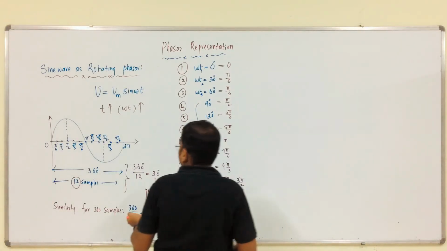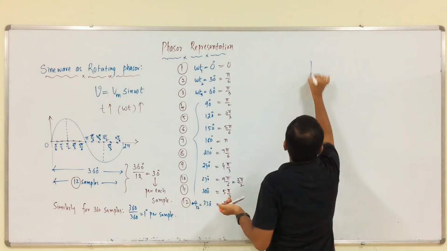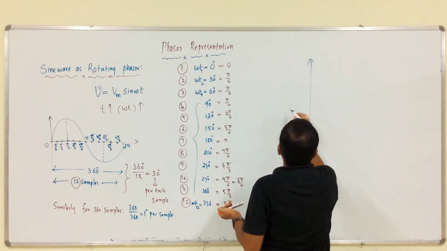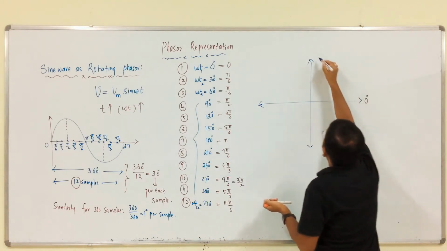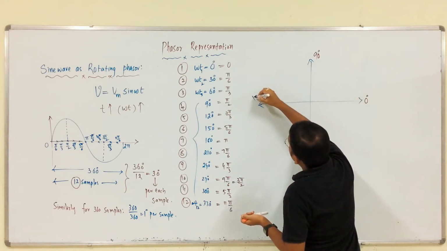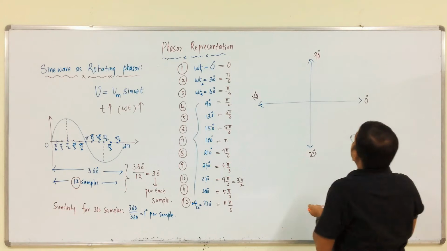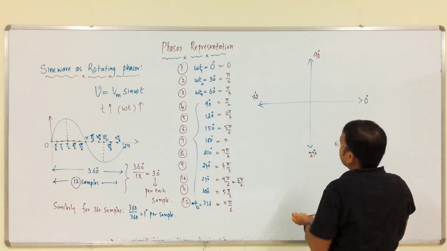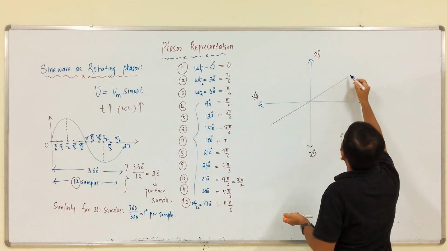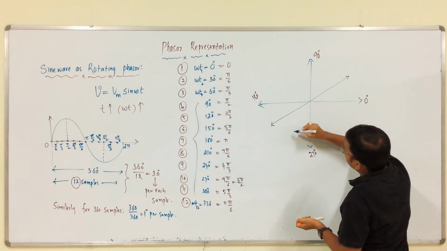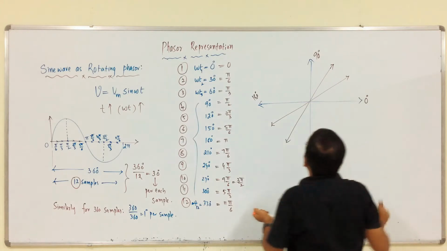So, if we provide these 12 instants in a coordinate plane, this is 0 degrees, 90 degrees, 180, 270. We have 12 samples. What are those samples? 30 degrees, like this we will get.